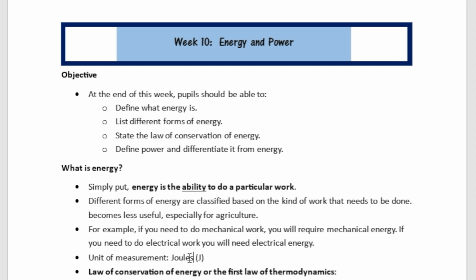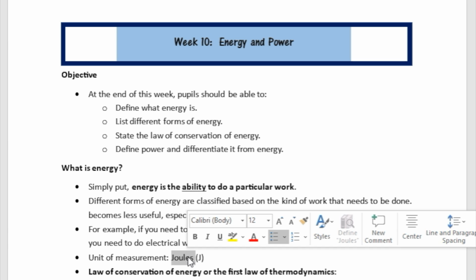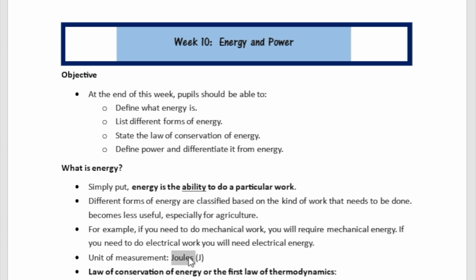Well, there's got to be a unit to measure the amount of energy you have, right? We call that unit joules, or just J, for example. And we are going to be using that as we get to advanced studies of science and physics, potentially.